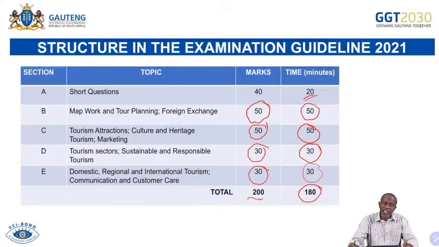So you have all the divisions of the paper and the suggested time that you need to finish a section. These times are suggested to you, but it doesn't mean you should stick to the time allocation. When you manage to finish section B under 50 minutes, please move on to the next section.